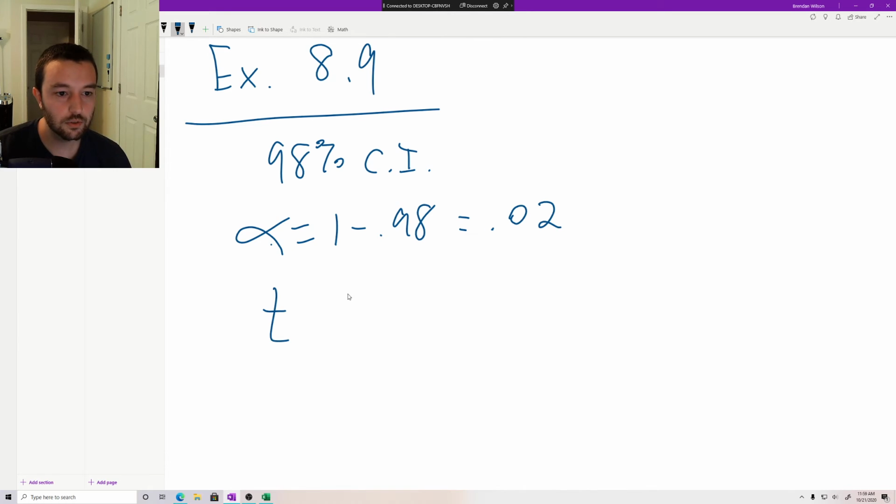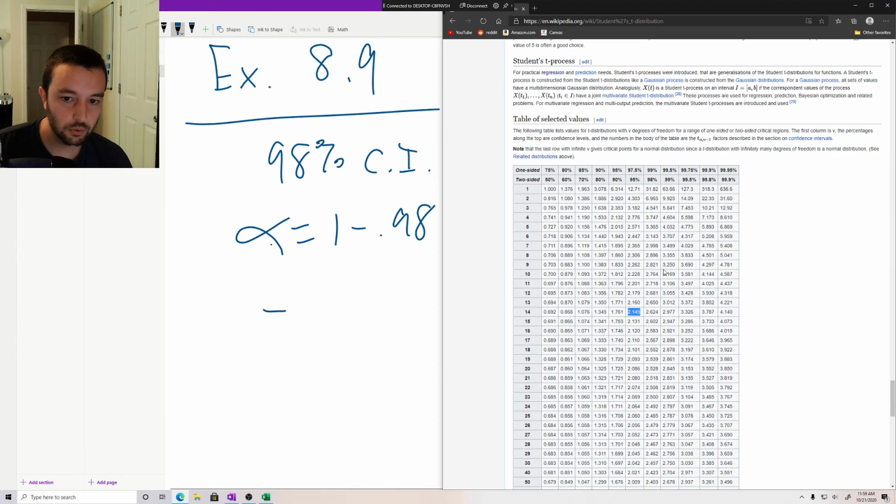So again, when you're looking at this table, you really can just use what the confidence interval is. You don't even really need to calculate alpha with this table specifically, because if you're doing a two-sided one, the two-sided value here is just telling you the confidence interval exactly.